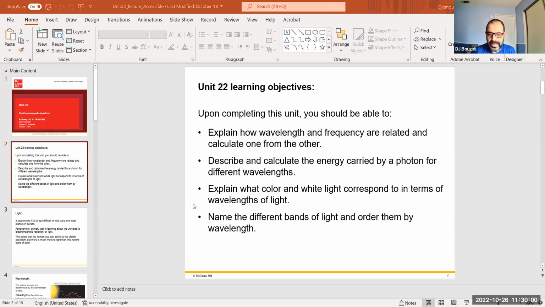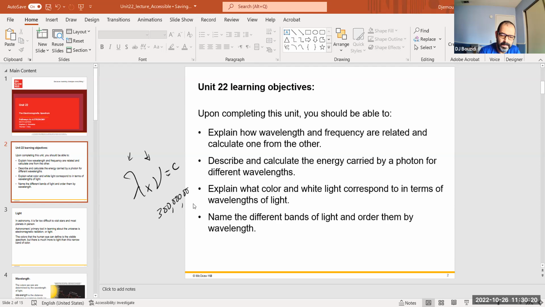So again, I already delved into a little bit of the wavelength and the frequency and how they are related, and the formula that I've used already, the frequency times the wavelength, is equal to the speed of light, which is 300 million meters per second, okay? And the energy carried by a photon is some number times the frequency.